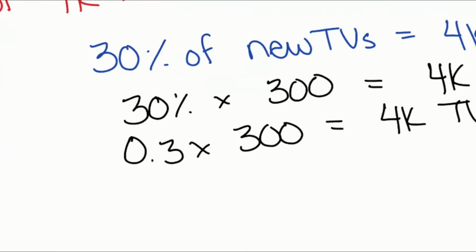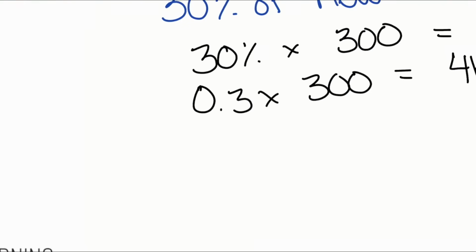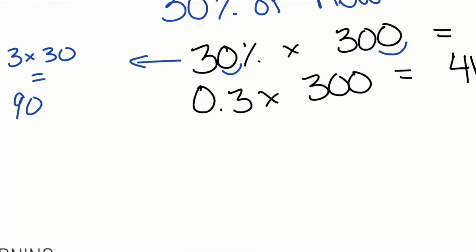Yep, and now all we got to do is multiply. And like I said, if you wanted to do that little mental math trick, you can just move one decimal here, one decimal there, and that'll turn into 3 times 30, which is 90, giving you the answer much faster.